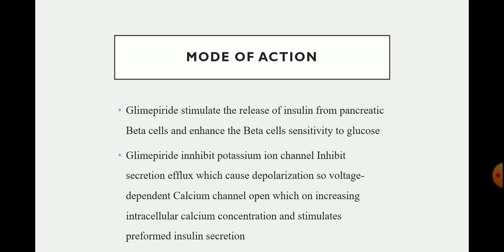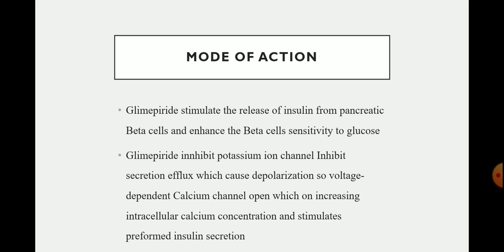Next, the mode of action. Glimepiride stimulates the release of insulin from the pancreatic beta cell, and it enhances the beta cell sensitivity to glucose. Glimepiride inhibits the potassium ion channel. It inhibits potassium efflux, which causes depolarization.